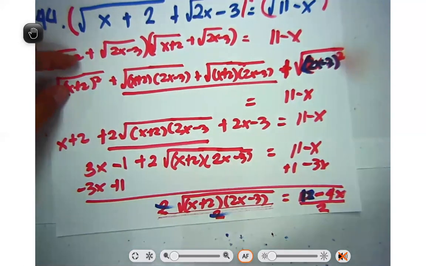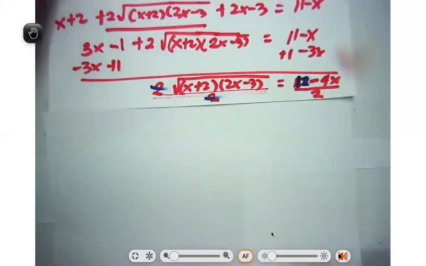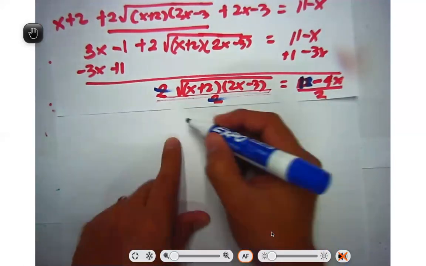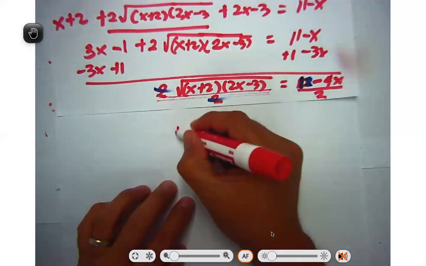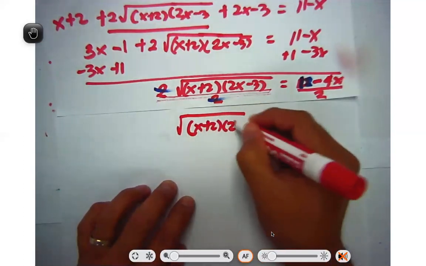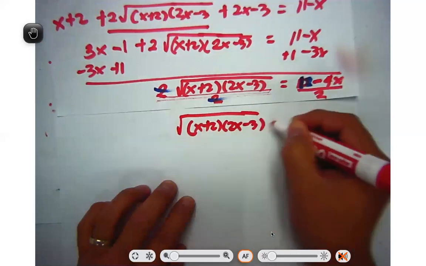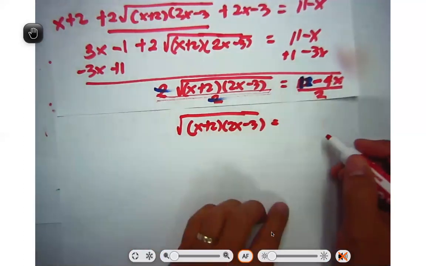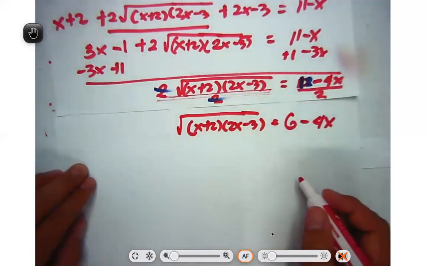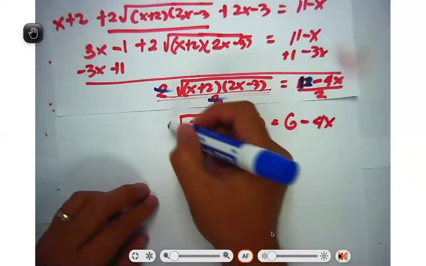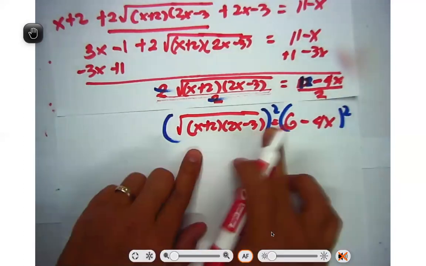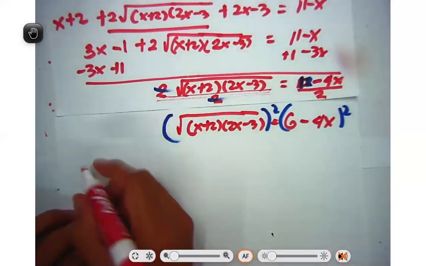Now hopefully we can find the values. So this one is right, x plus 2 times 2x minus 3, divided by 2 is 6 minus 4x. All right, and then same process. So we square this. Of course, we can write this twice and FOIL it later on.